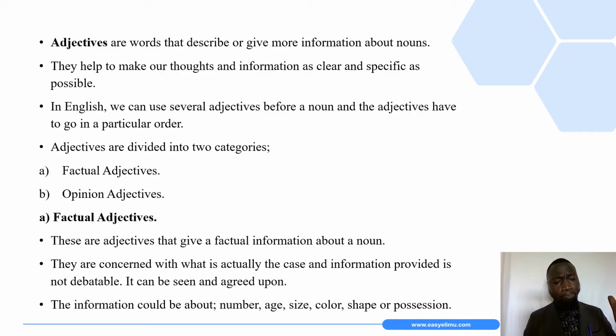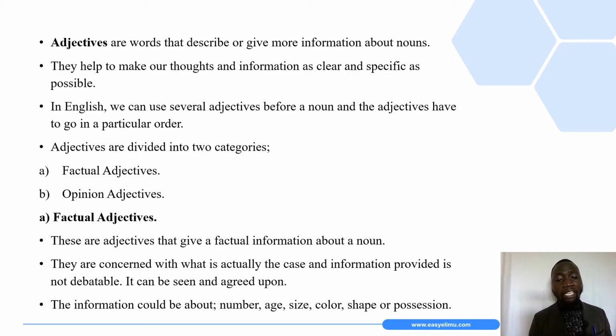The reason why they are given the name factual adjectives is because the information that we get about them can be confirmed and agreed upon.